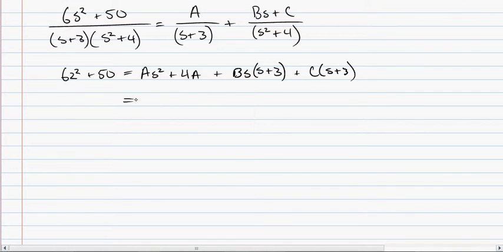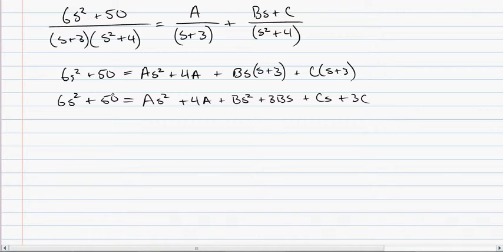And that further reduces to as squared plus 4a plus bs squared plus 3bs plus cs plus 3c. That should be a s squared. 6s squared plus 50.